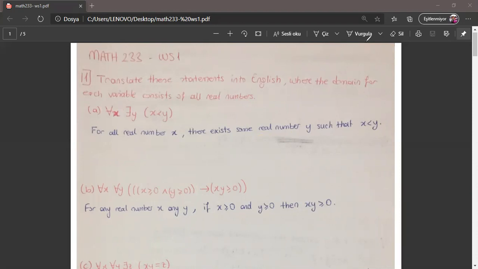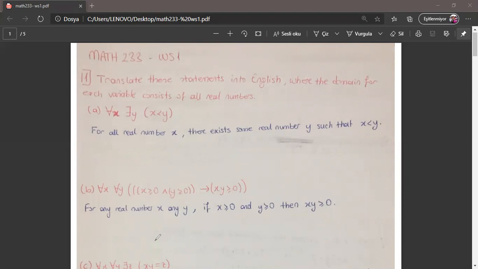So what about the second one? Here we can translate it as: for any real number X and for any real number Y, if X is greater than or equal to 0 and Y is greater than or equal to 0, then X times Y, the multiplication of these two values, is greater than or equal to 0.